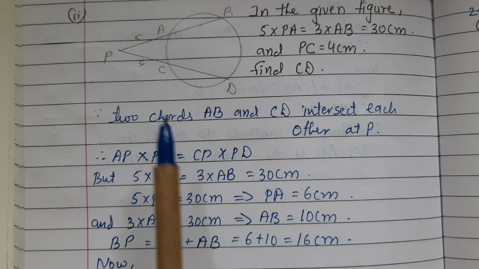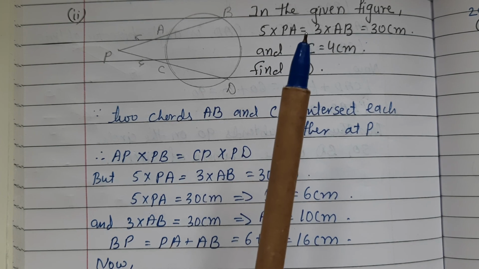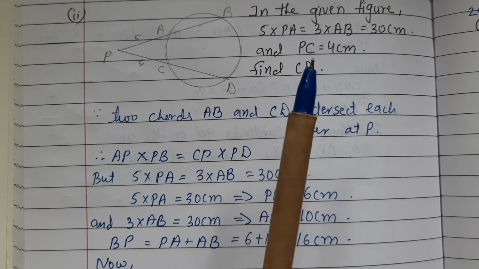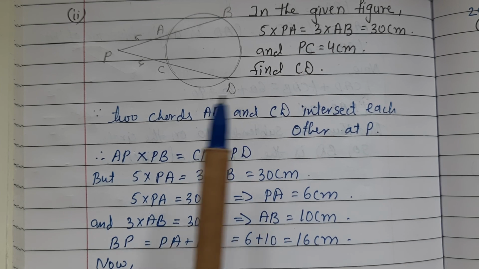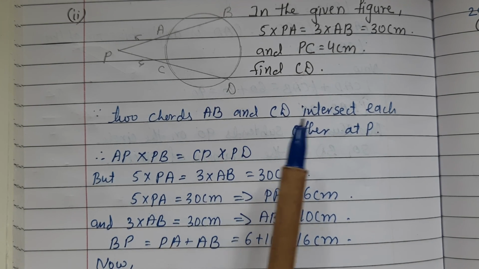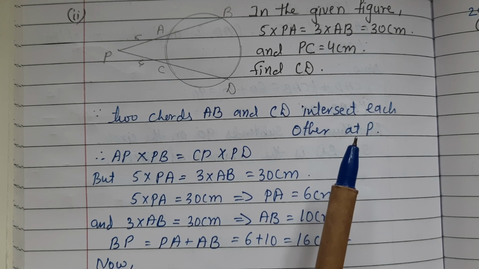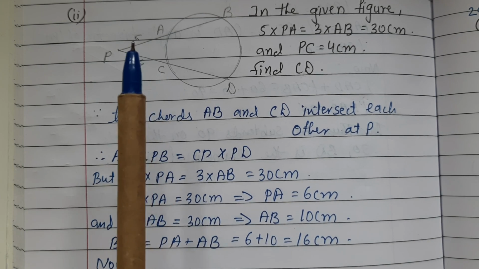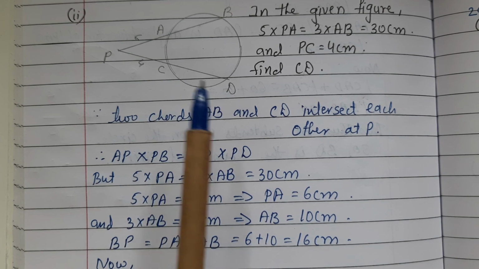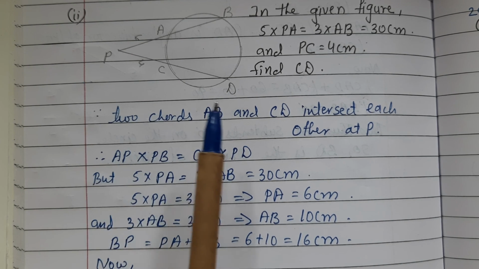In the given figure, 5PA is equal to 3AB equal to 30 cm and PC equal to 4 cm. Find CD. Since two chords AB and CD intersect each other at P, AP into PB is equal to CP into PD.